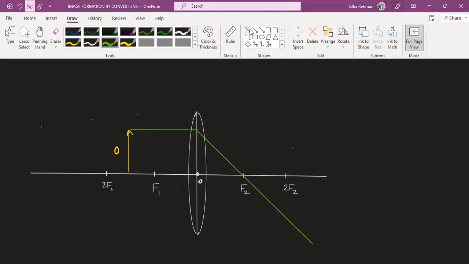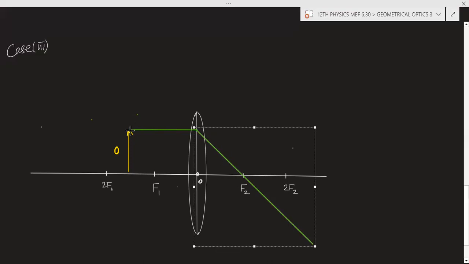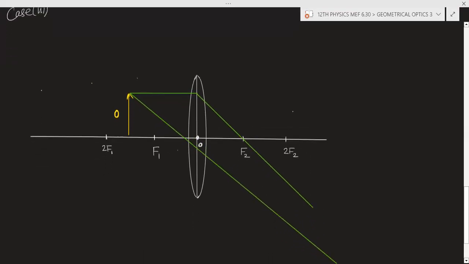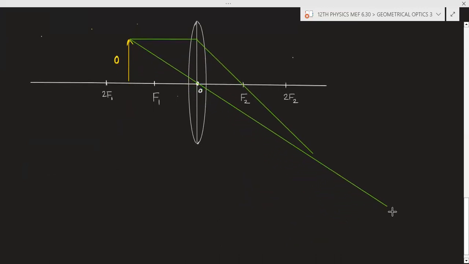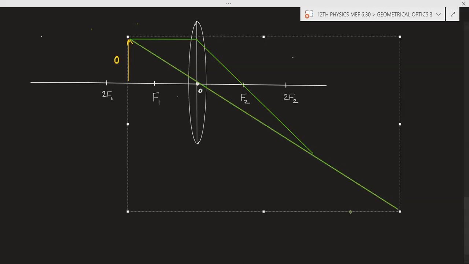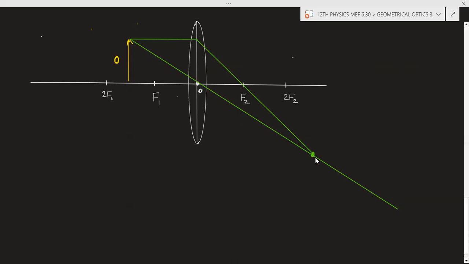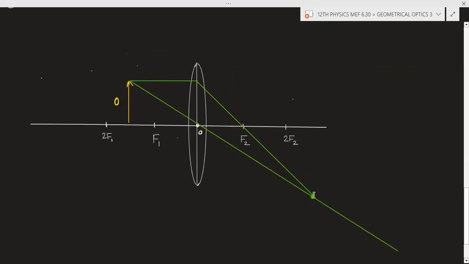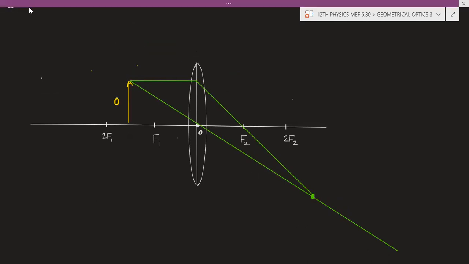Another ray of light from this object is passing from the optical center. Now you can see both the rays are meeting here, at this point. So here the image will form.